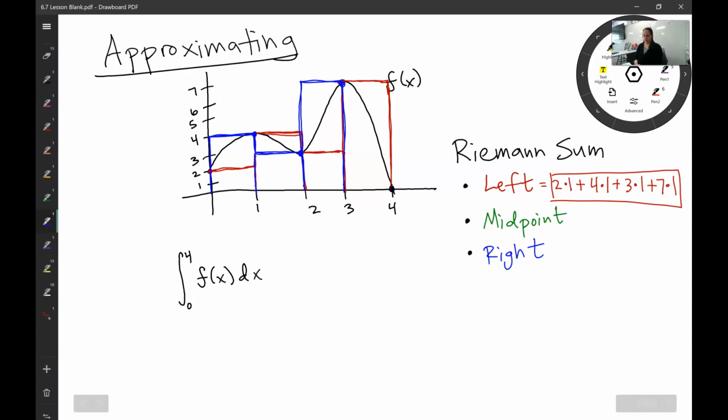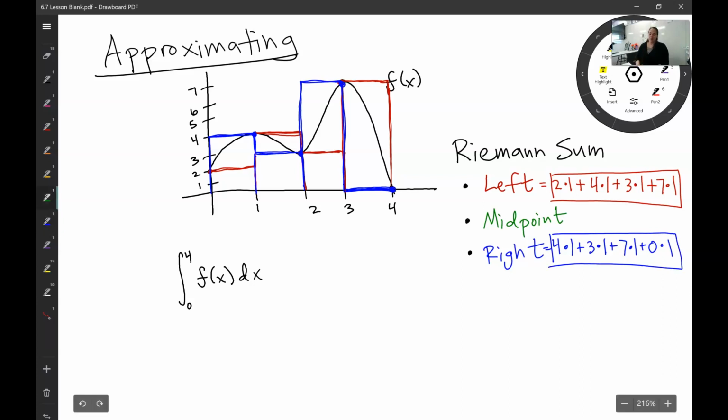And here's my last section. There's my right-hand value. So that is your last rectangle. So to find that area, this one is 4 times 1 plus 3 times 1 plus 7 times 1 plus 0 times 1. And that would be our right Riemann sum.